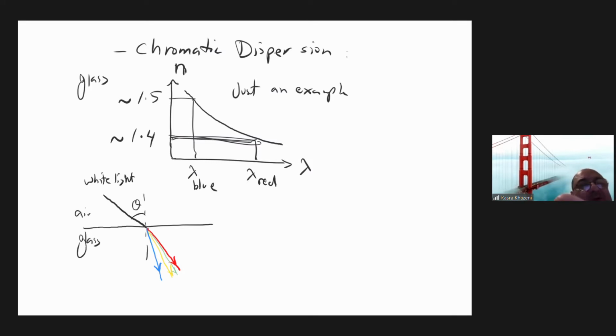You can model a water droplet with a spherical shape. When the sunlight hits it, it goes in and bends, of course.